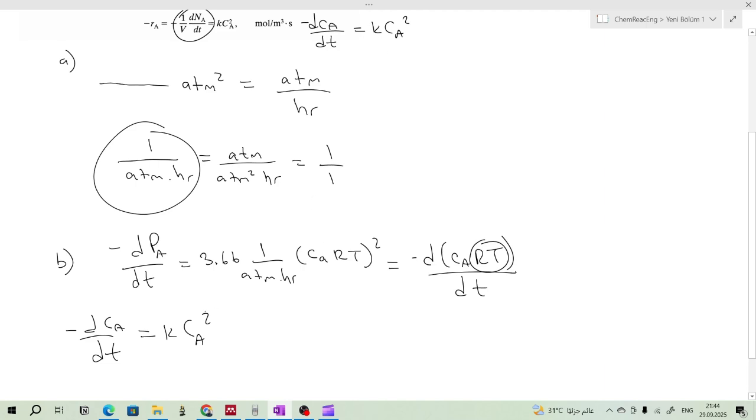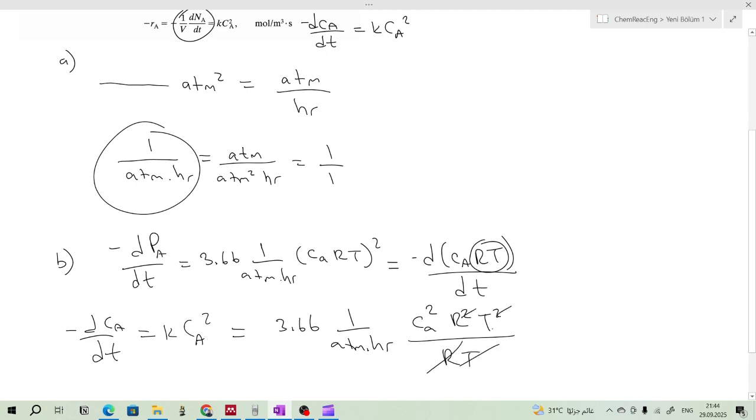In order to get this, I can use this equation and leave it alone, so you just send RT to the other side. So 3.66, 1 over atm hour, times C_A squared R squared T squared, and here you have RT coming like this, so this cancels the squares.